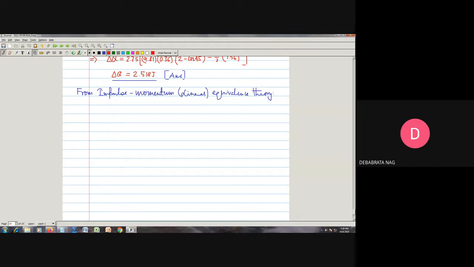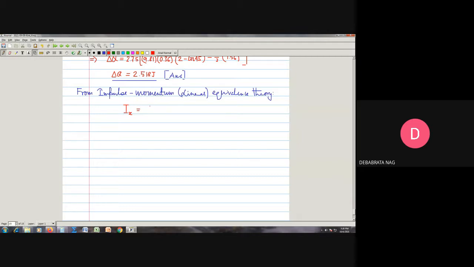the net impulse along the x direction should be equal to the net change in the linear momentum of the system along the x direction.